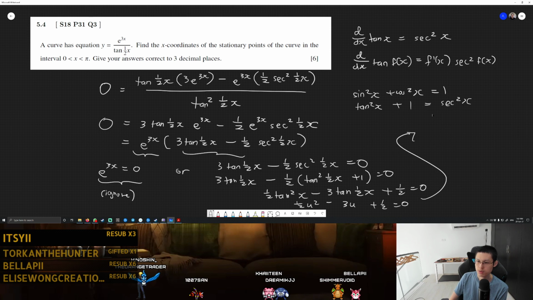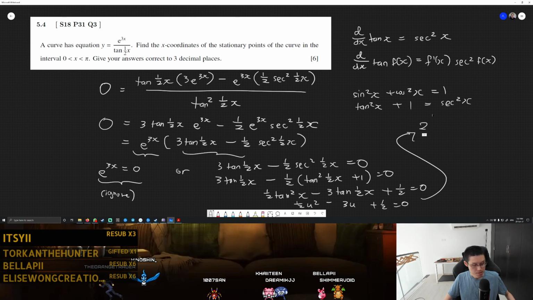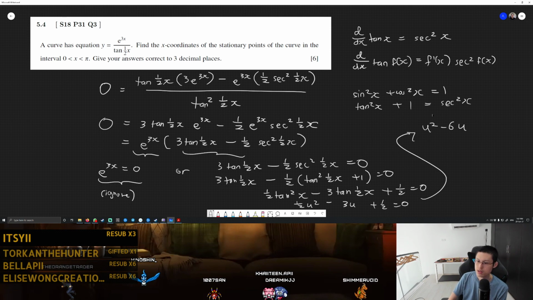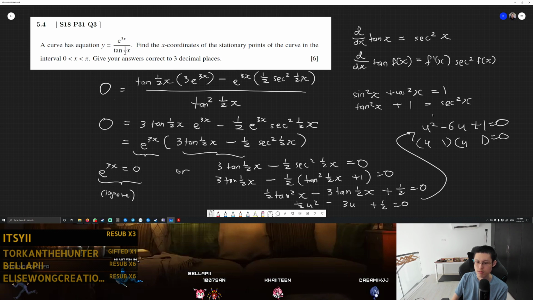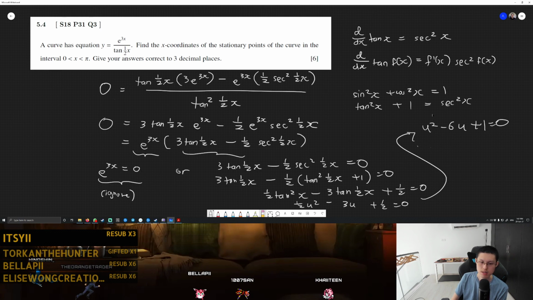Multiplying everything by 2, we get u squared minus 6u plus 1. Then we try to factorize this. It seems like we can't factorize this nicely, so we have to use the quadratic formula.